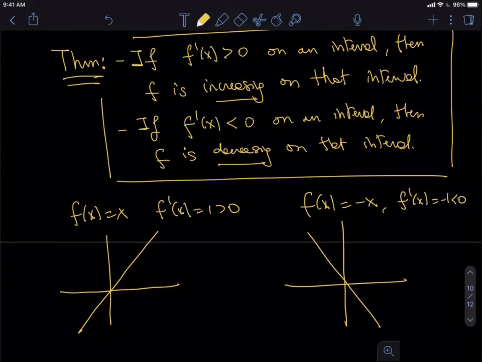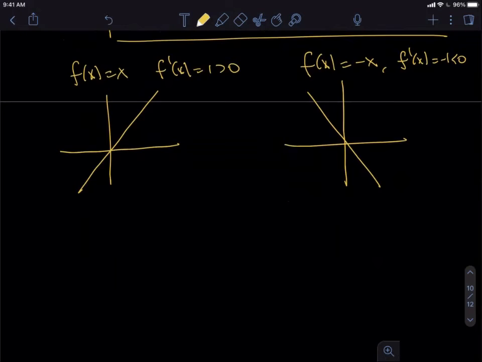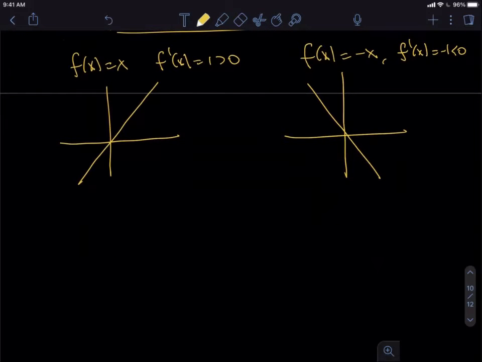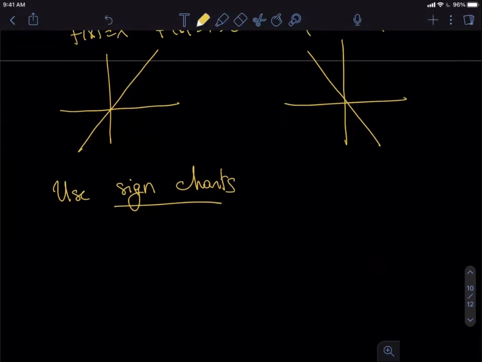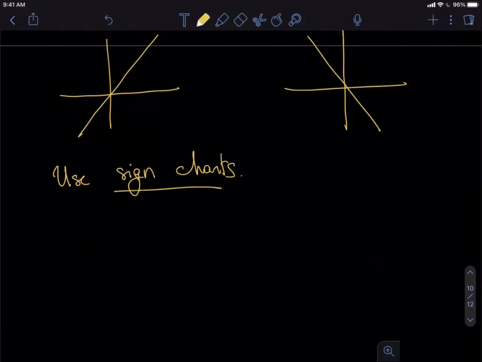Now, whenever we want to find the intervals where the function is increasing or decreasing, we need to be very careful and methodical. Okay, so for that we use what is called sign charts. These are going to be our friend for the rest of the semester. So we need to learn to do sign charts.